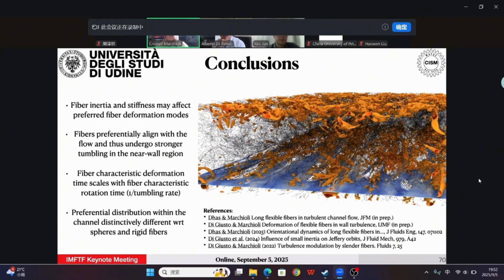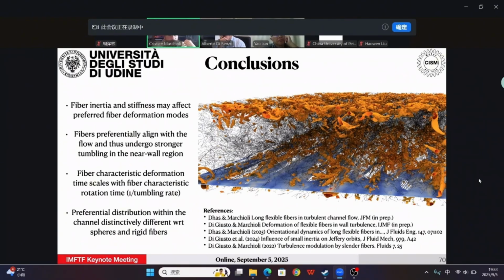If we want to compare flexible fibers, we need to make comparison with experiments in homogeneous isotropic turbulence. So these are cases in which they have measured flexible fibers, so we can make comparison. We actually did, and to my surprise, sometimes they are quite good.